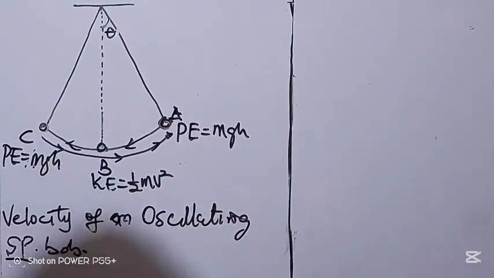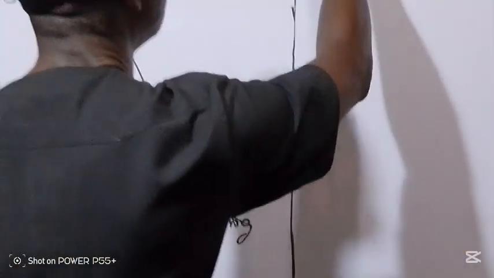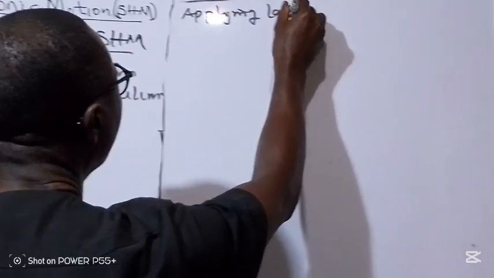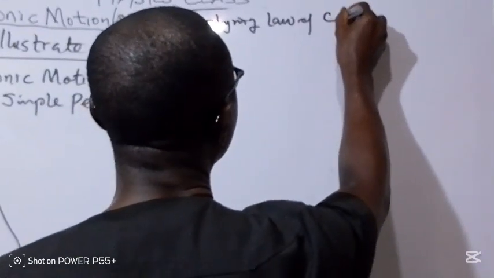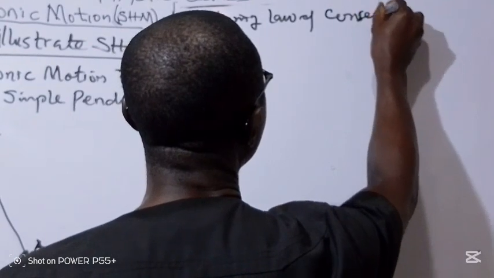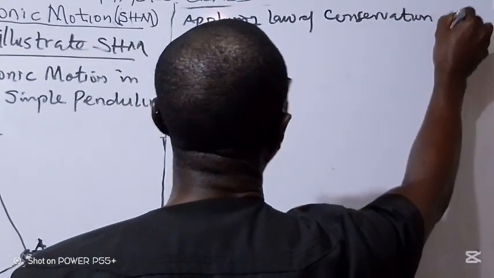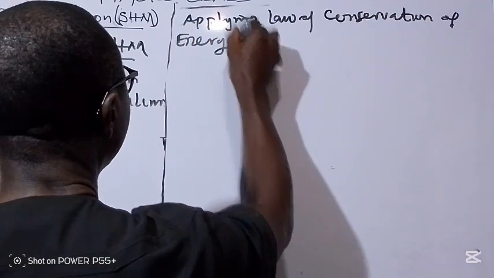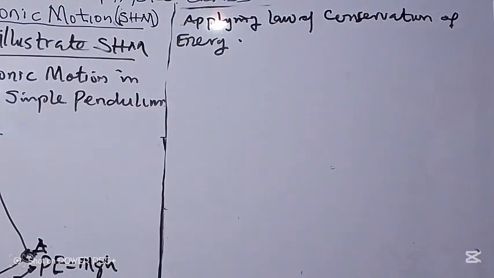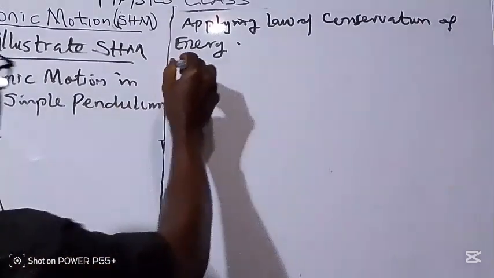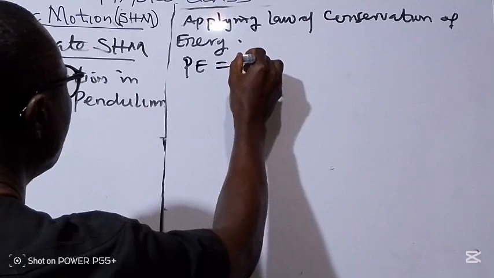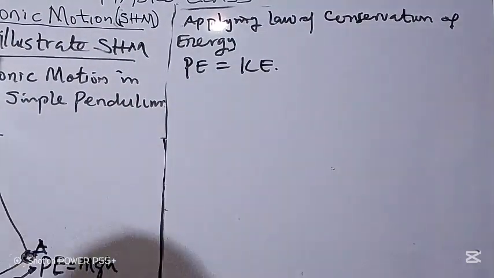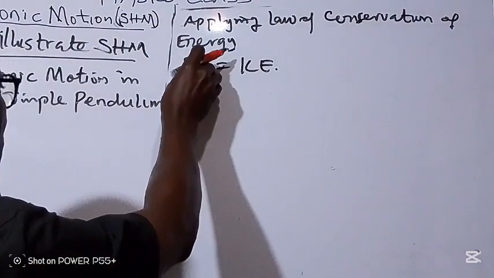Therefore, we can now apply the law of conservation of energy. PE will be equal to KE. In the equation on the board, the magnitude of potential energy is equal to the magnitude of kinetic energy.